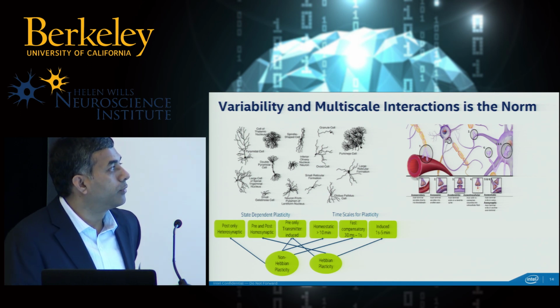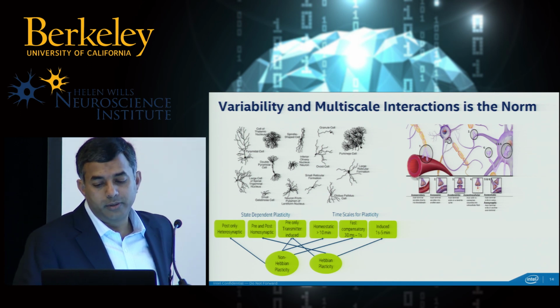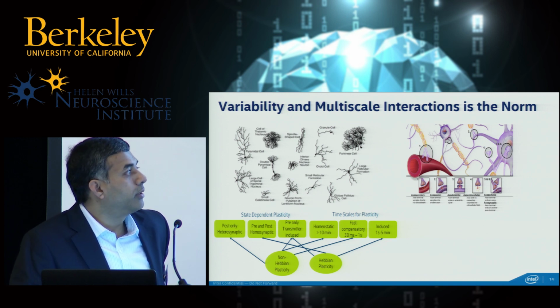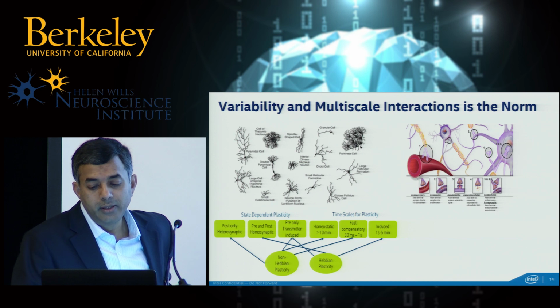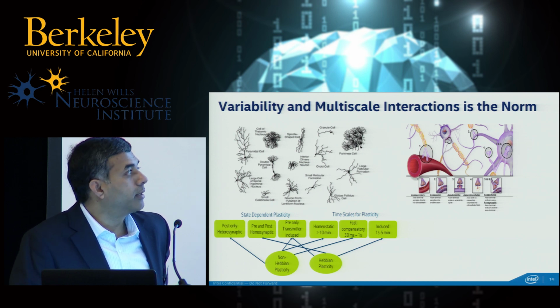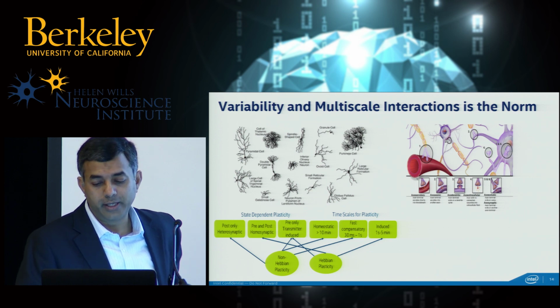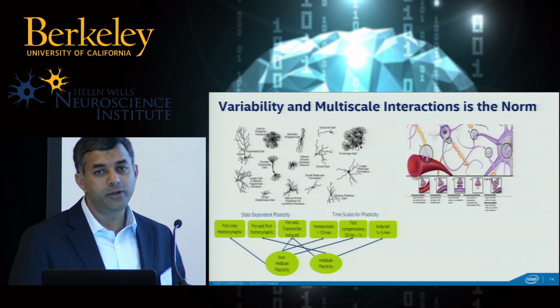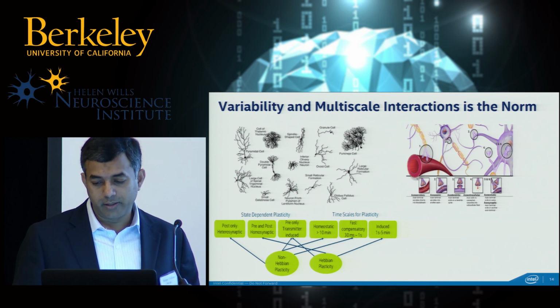There's a whole span of different time scales. We heard about synaptic facilitation, depression, and so on, fast compensatory kinds of plasticity, all the way to spike timing, and then homeostatic, which are on the order of minutes to maybe even days. Many of these you can further classify as Hebbian or non-Hebbian, depending on the causality and how that was established.